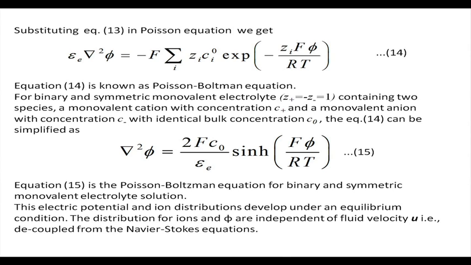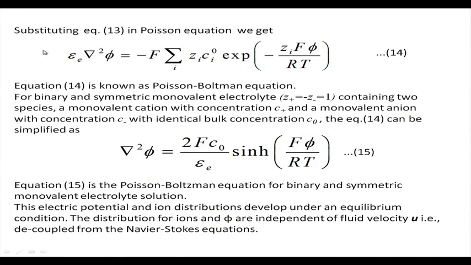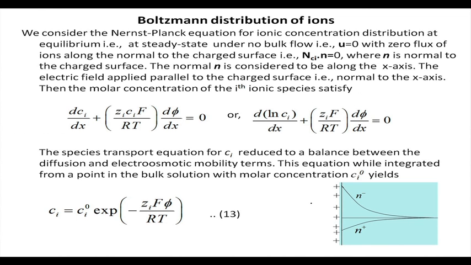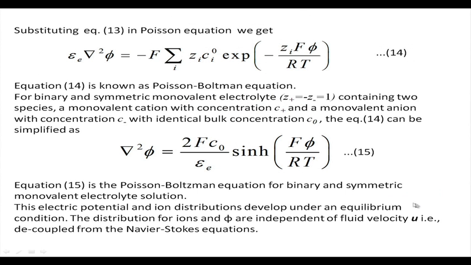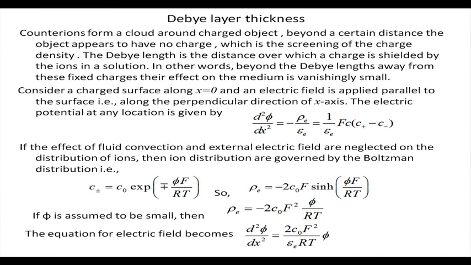That means whichever way the fluid velocity is developed, the equation for electric field and the ions are independent of the Navier-Stokes equation or the local fluid velocity. Okay. So, that is the simplicity of the Boltzmann equation.